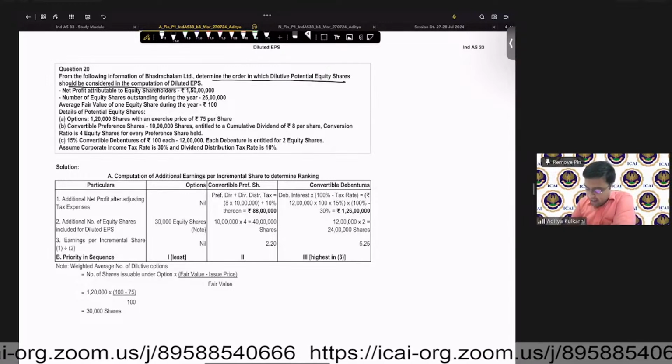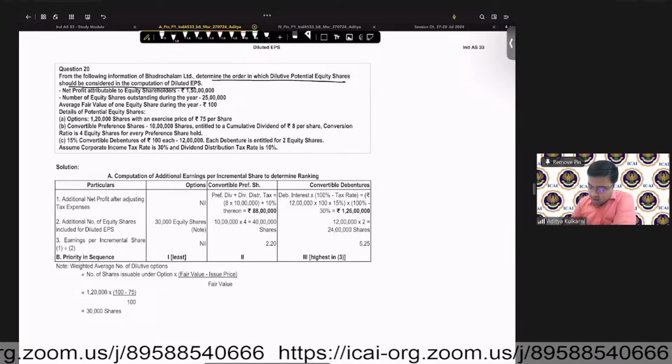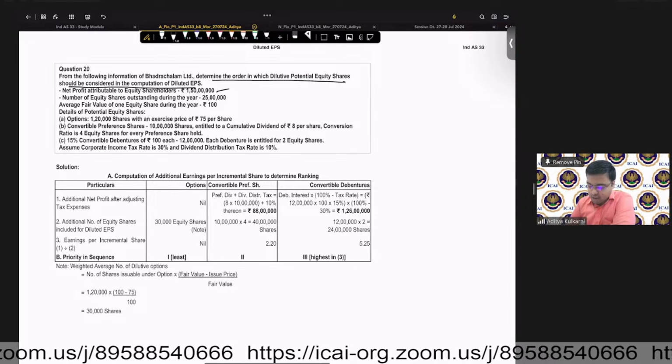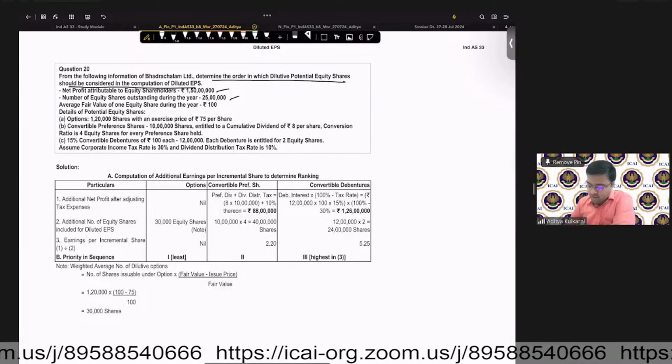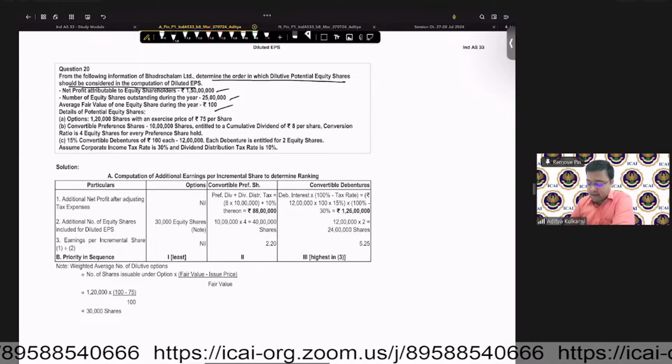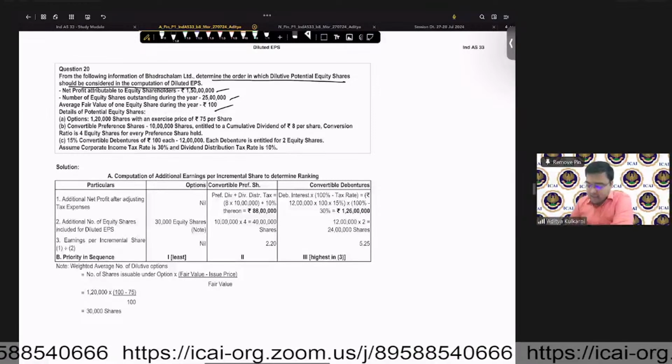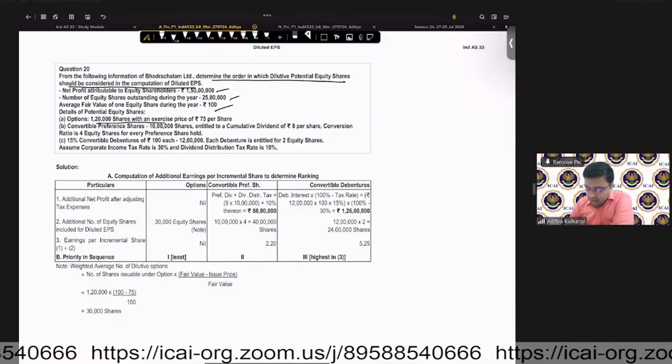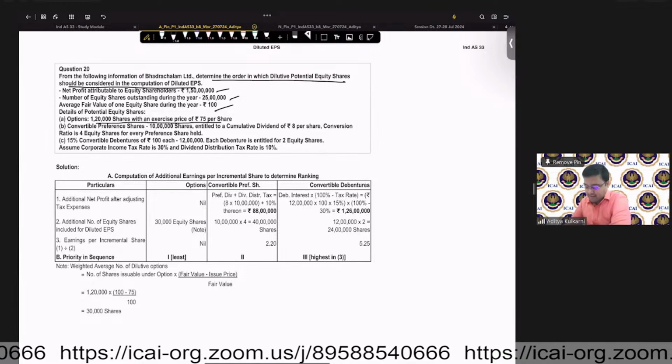So net profit attributable to equity shareholders is 1.5 crores. Number of equity shares outstanding is 25 lakhs. Average fair value of one equity share during the year is rupees 100. Potential equity shares: I have options, 1,20,000, with an exercise price of 75.